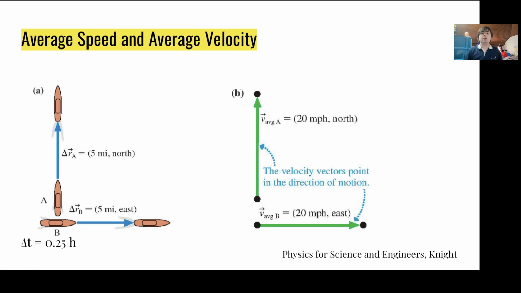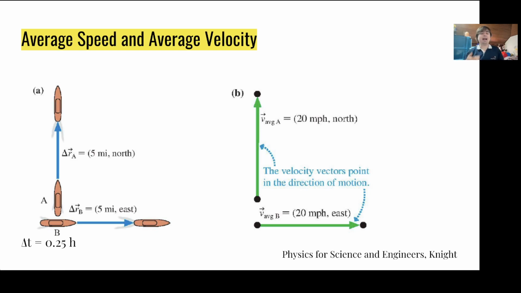So then you can calculate, okay, what is our average speed over that time? So it'd be just 5 miles divided by 0.25 hours, which gives you 20 miles per hour. And so that 20 miles per hour is the same in both the boat that heads north and the boat that goes to the east.